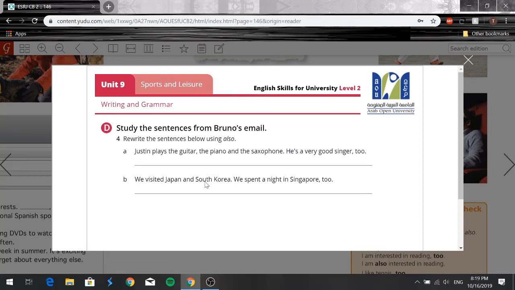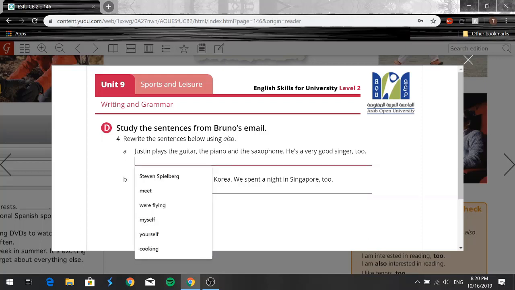Justin plays the guitar, the piano, and the saxophone. He's a very good singer too. Okay, so if we're going to write it with also, we'll probably say Justin plays the guitar. Let me actually write that down.